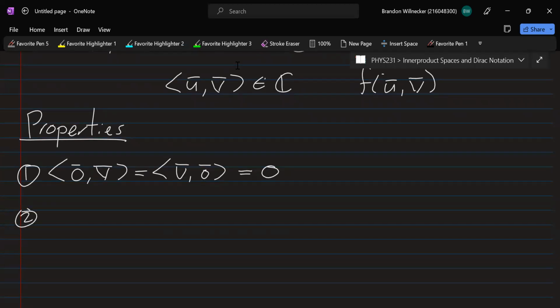Number two, the inner product of a vector with itself is zero if and only if the vector is the zero vector.